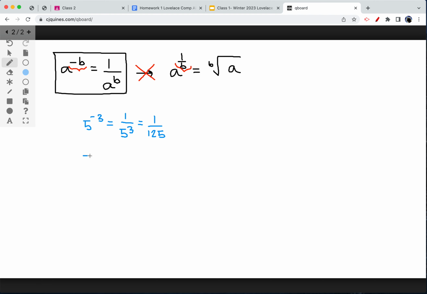But then let's say we had 5 to the power 1/3, then that would be the cube root of 5, which you need a calculator to evaluate. So that's the difference between these two rules.